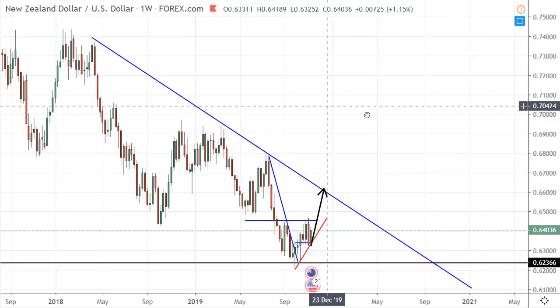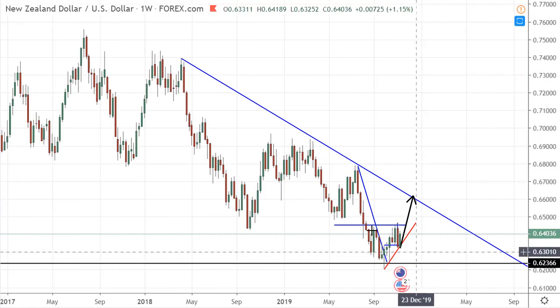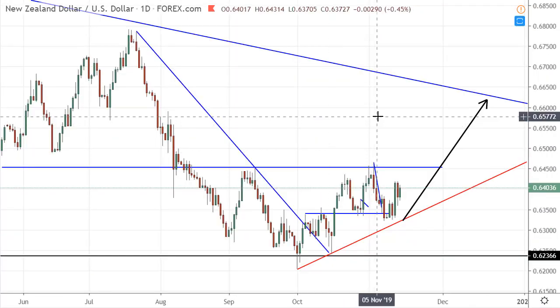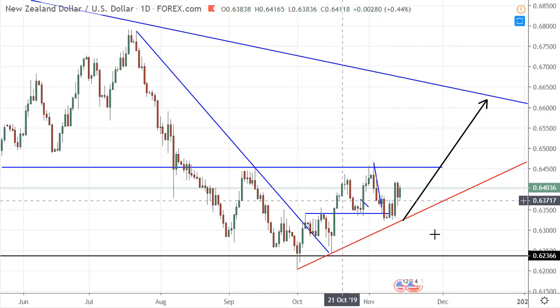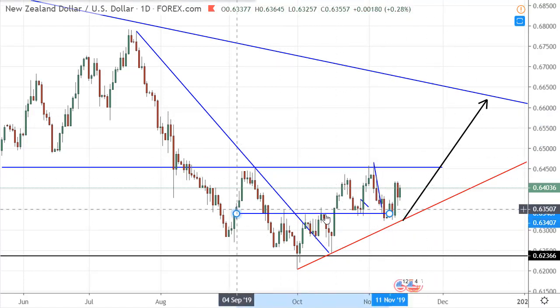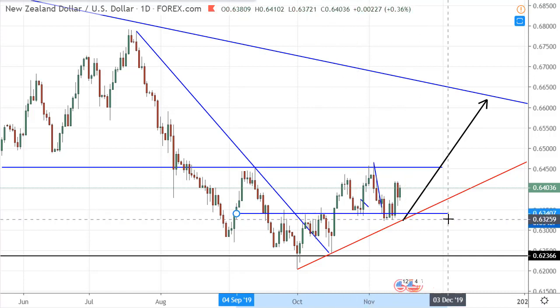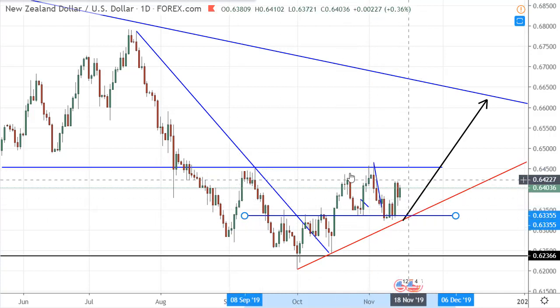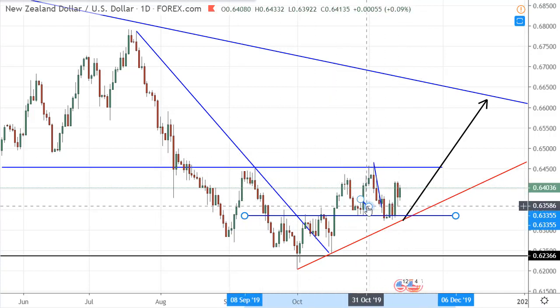Okay, this is interesting. This is the weekly, so switch down a little bit to get a view on what is possible for next week. Yes. Okay, well, we got ourselves a pretty clear support level by now. A bit lower, resistance turning support. We are a bit in this channel right here.